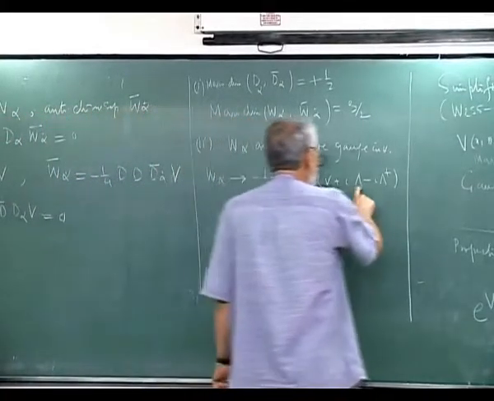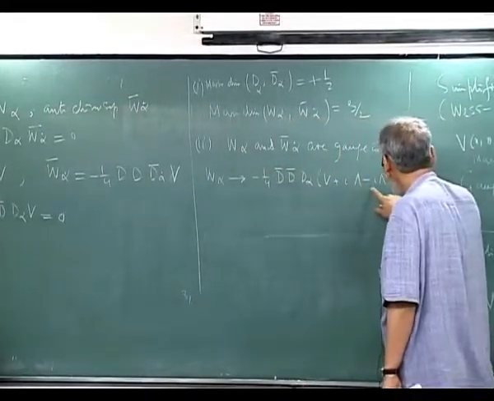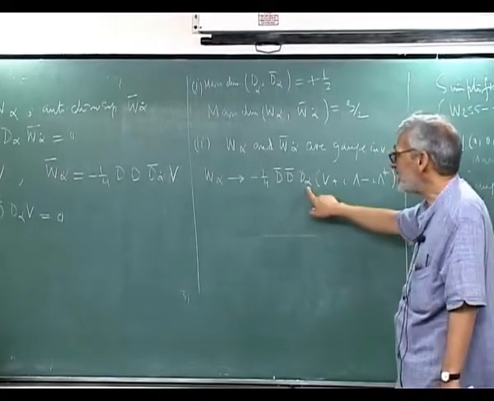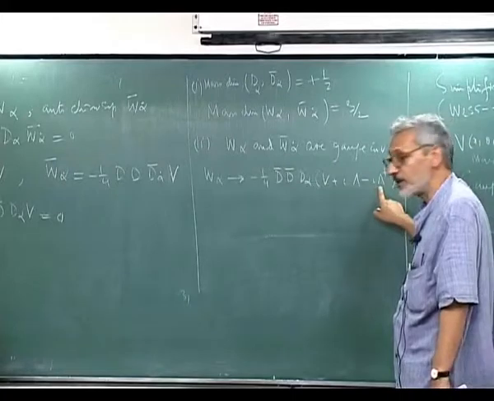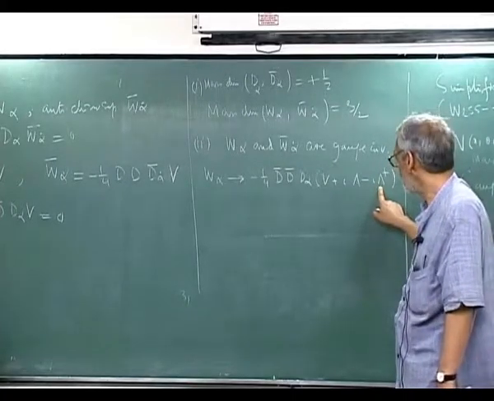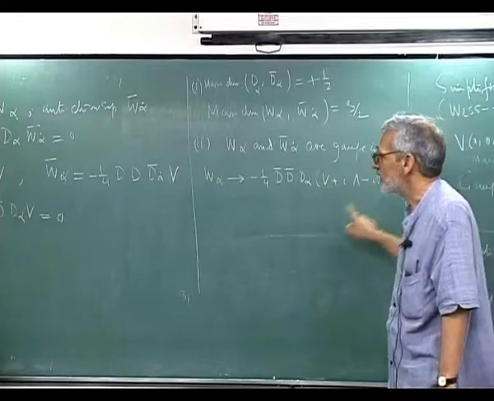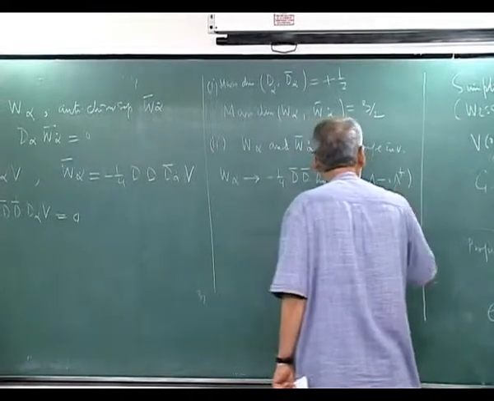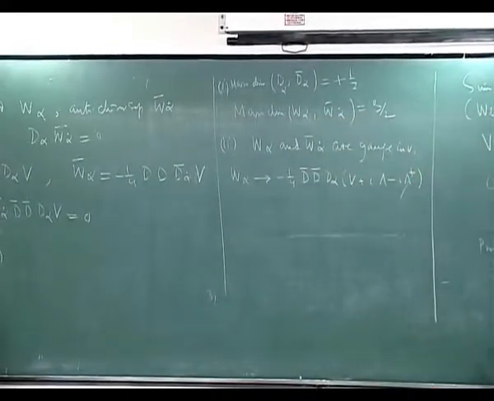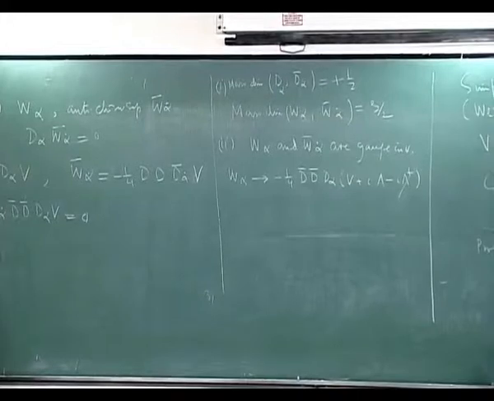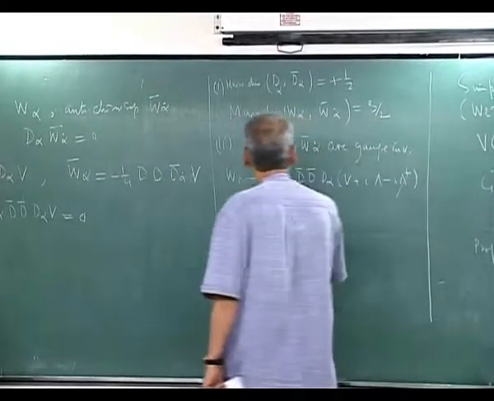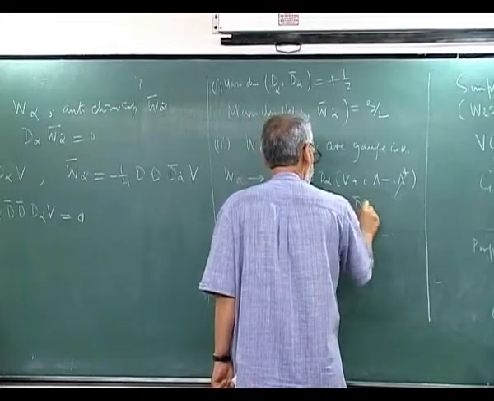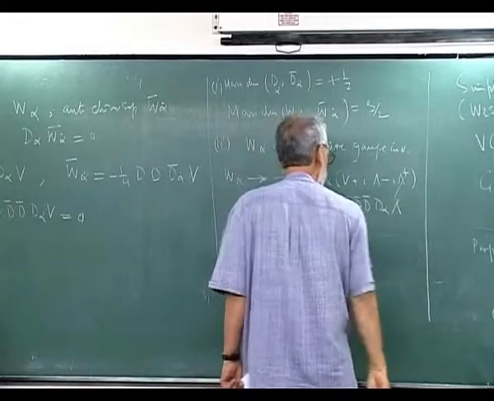Now lambda and lambda dagger are chiral. This is chiral, this is antichiral. D acting on antichiral is 0 because that's how the antichiral is defined. So that means this term does not contribute here. So what we have is this object is W alpha minus I by 4 D bar D alpha lambda.